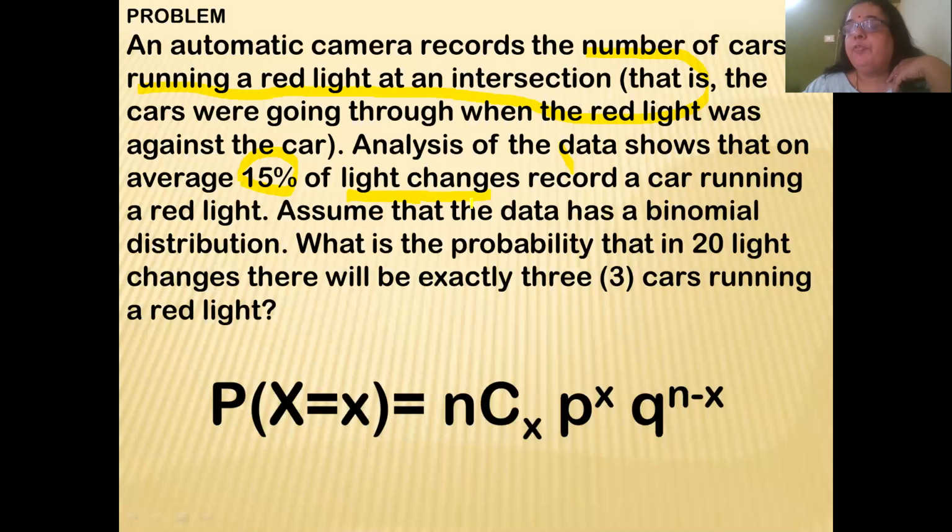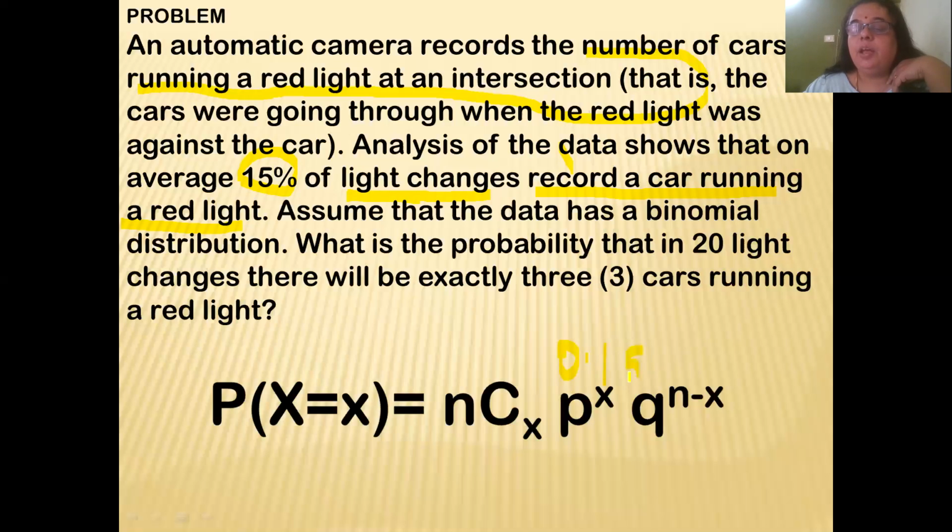When the light changes from yellow to red, 15% of the cars run a red light. That is, the probability of success in this case is 0.15.